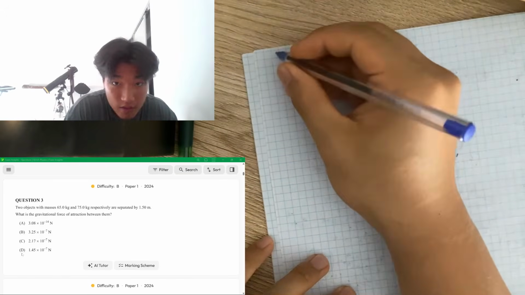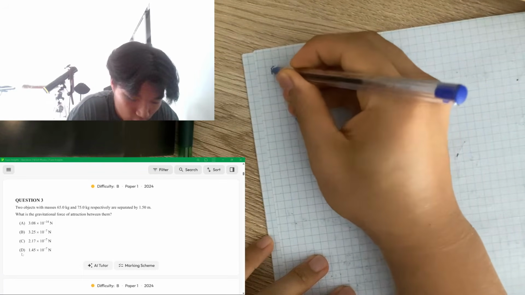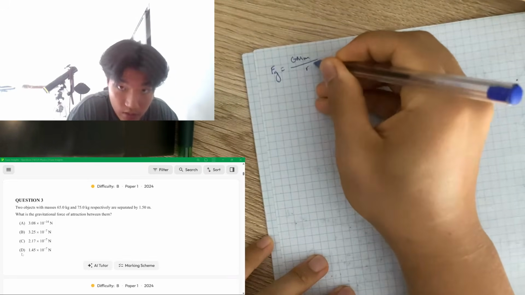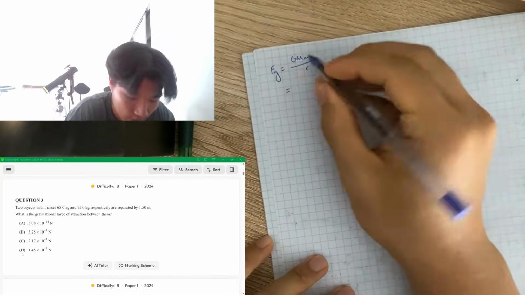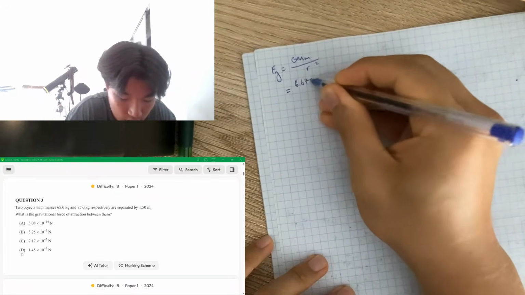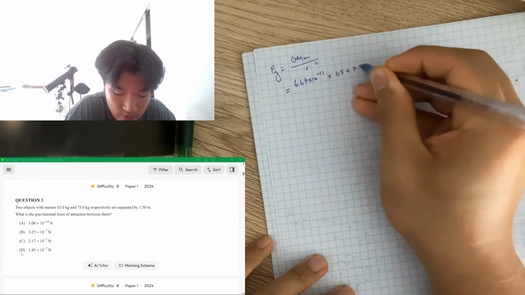Okay, so we have force of attraction due to gravity. So Fg equals big G m1 m2 over r squared, right? We know that big G represents the gravitational constant, 6.67 times 10 to the negative 11. We know that the masses are 65 and 75 kilos.